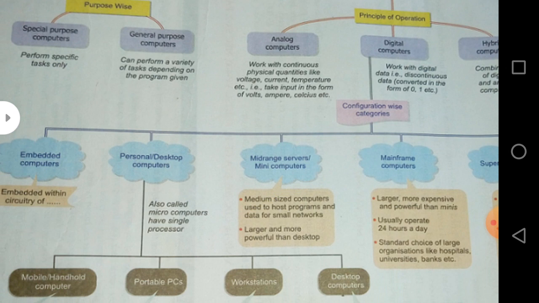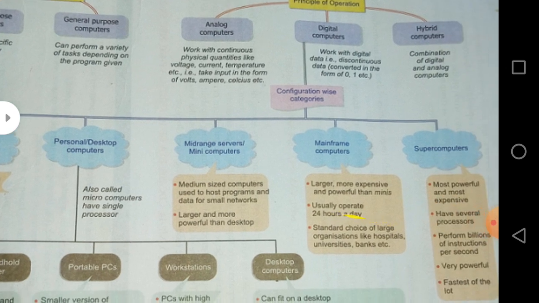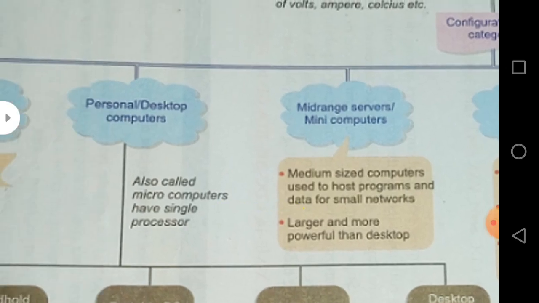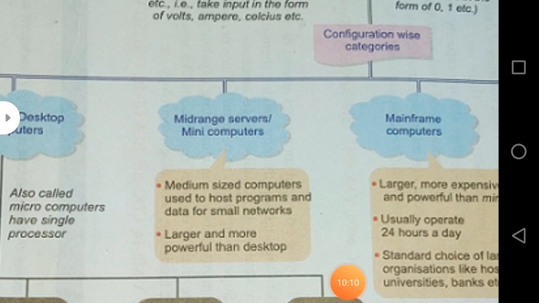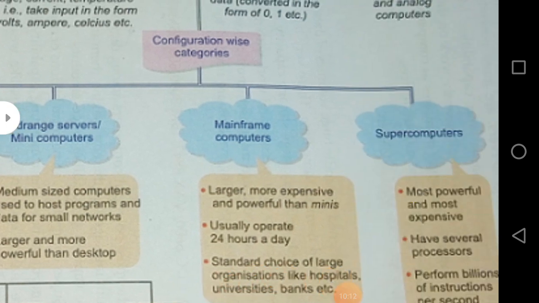Next, the classification of digital computers. Here we have the personal or desktop computer, which all of you are very familiar with, then mid-range servers, and after that mainframe computers and supercomputers.